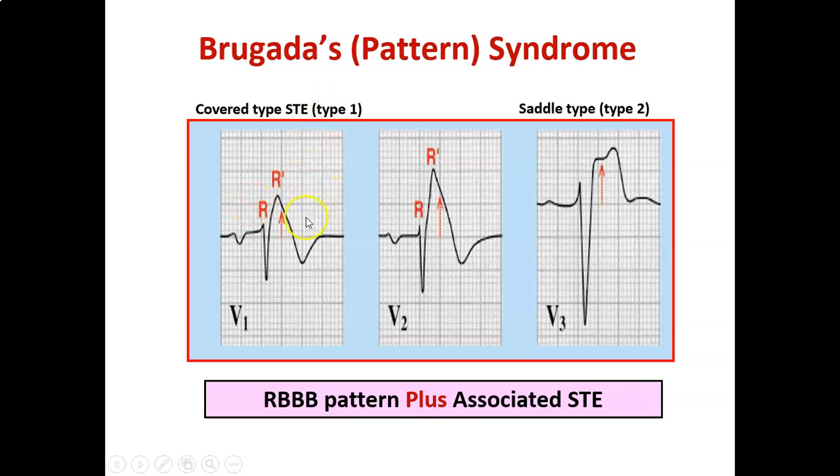The most common variety is type 1, which is coved type ST segment elevation, and you will get R, S, R, but this ST segment elevation, the second R, is tent shaped. So this is a feature of Brugada's syndrome or Brugada's pattern. The other variety is the saddle type or type 2, where you will get the ST segment elevation of saddle shape.